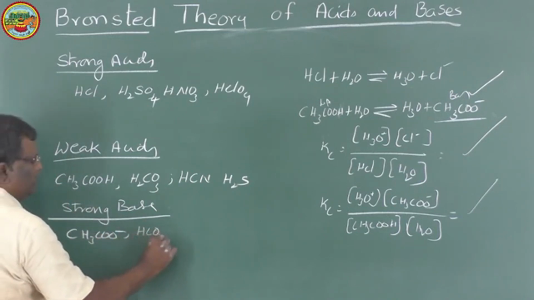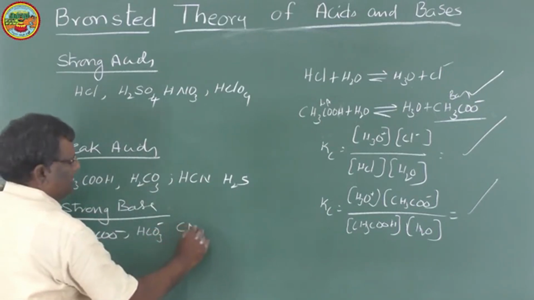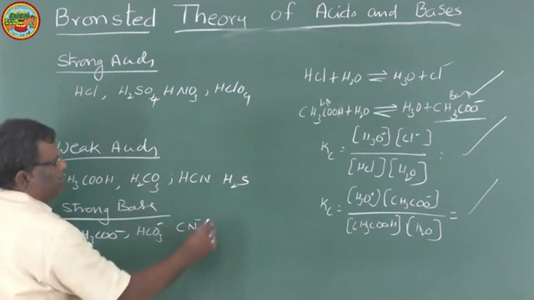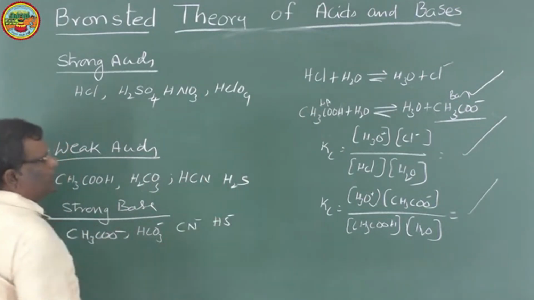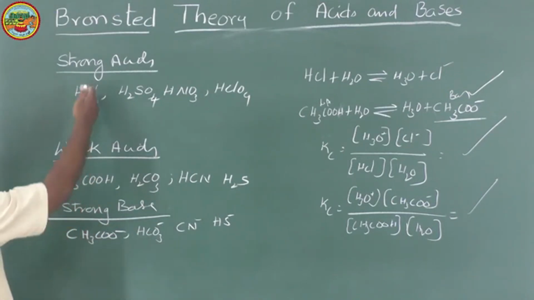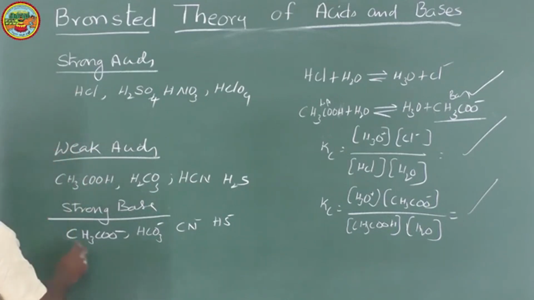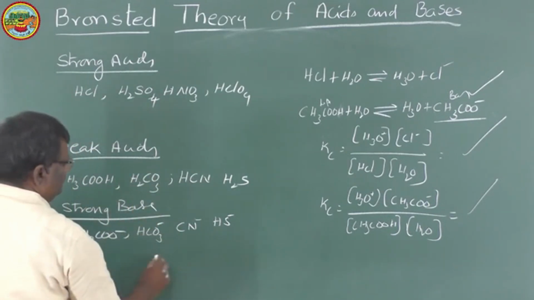Similarly, HCO3 minus is the conjugate base of H2CO3. CN minus is the conjugate base of HCN. HS minus is the conjugate base of H2S. They are strong bases. Similarly, conjugate bases of strong acids are weak bases. So, examples for weak bases.